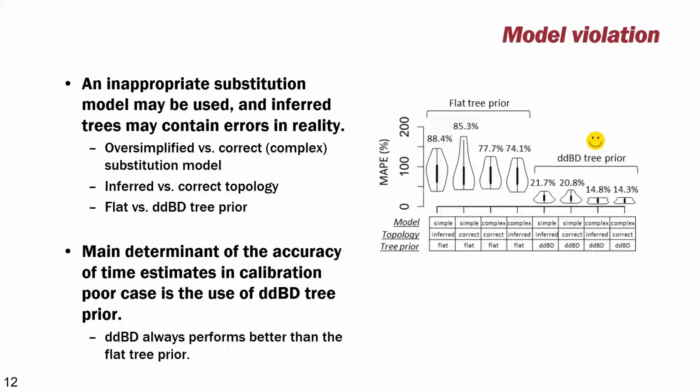Similarly, the use of a simple substitution model increases the error a little bit, but much lower than when you use a flat tree prior. So neither the use of a simple model nor an inferred tree topology would have as big an impact as the use of a flat tree prior.